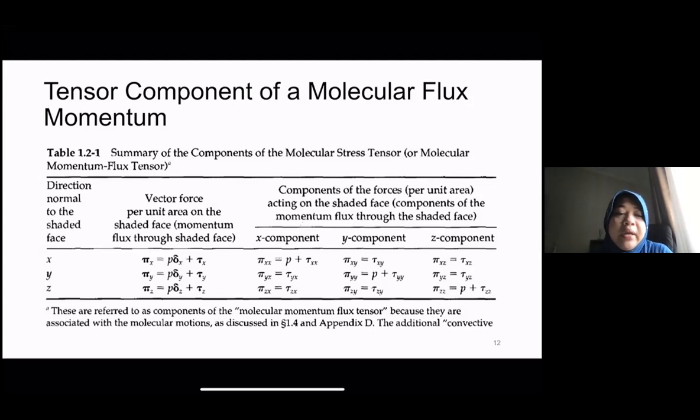Okay, so why did we call it the molecular momentum tensor? Because they are associated with the molecular motion. They move because there is something associated with the molecule. If you get pressure from the molecules, then the molecule will have momentum, because it is moving, akan bergerak.